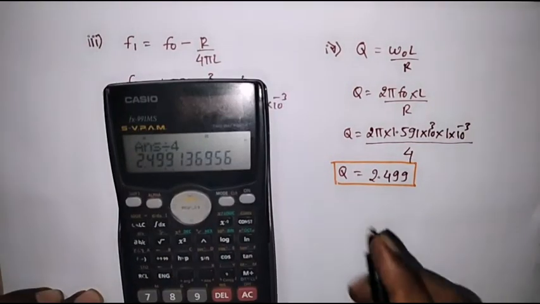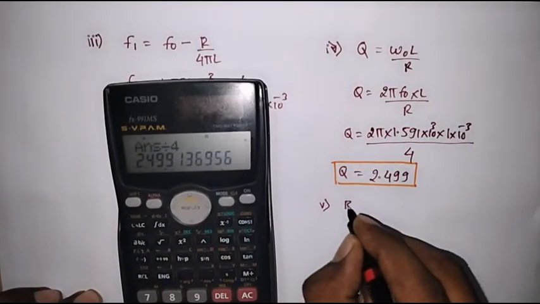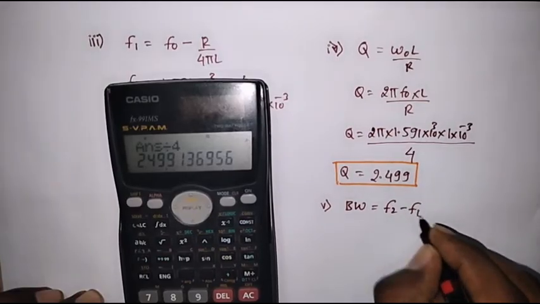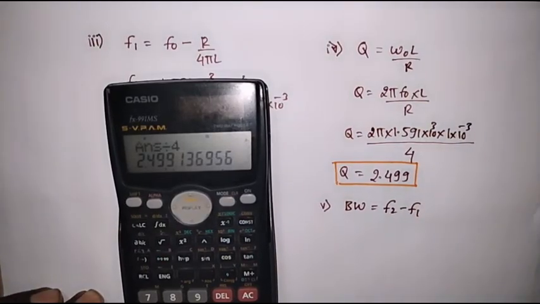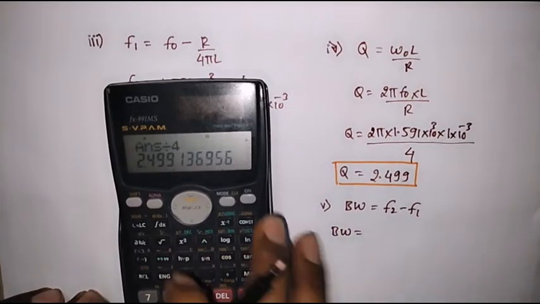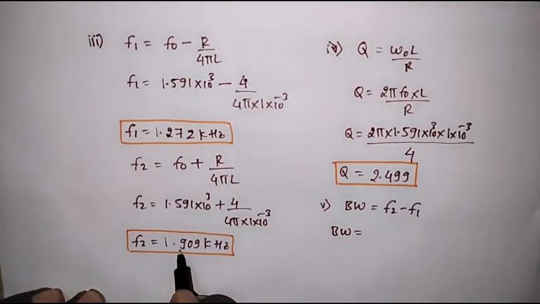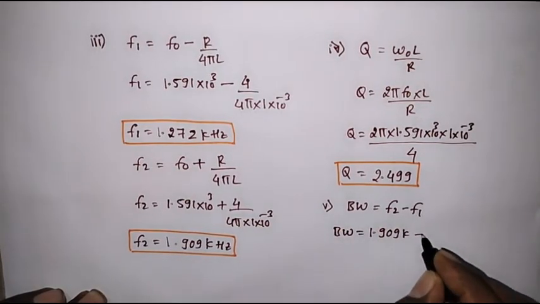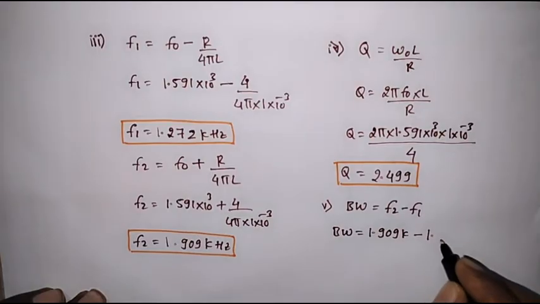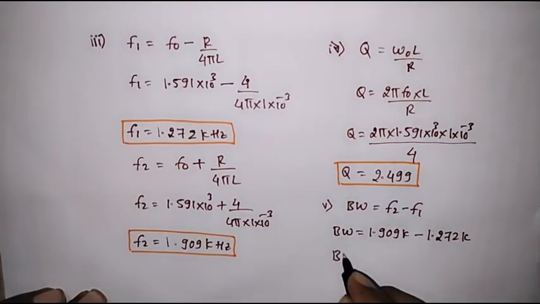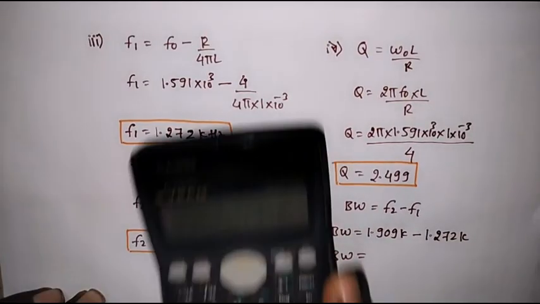Now let's calculate the bandwidth. Bandwidth is equal to upper cutoff frequency minus lower cutoff frequency, that is F2 minus F1. Therefore bandwidth is equal to, the value of F2 is 1.909K minus 1.272K.